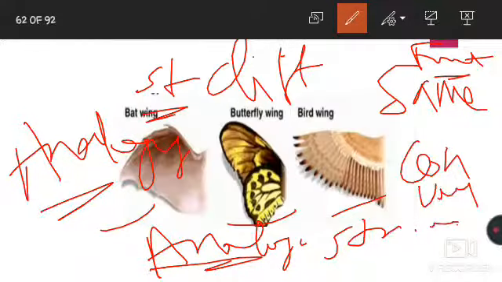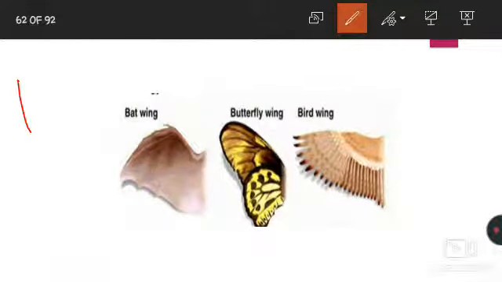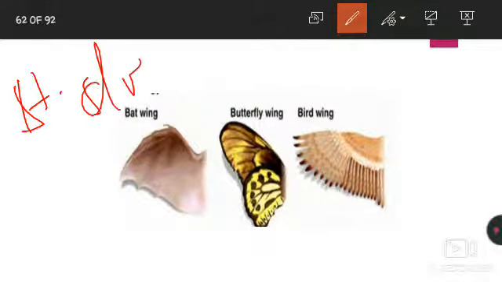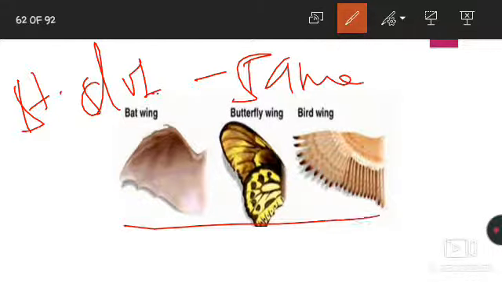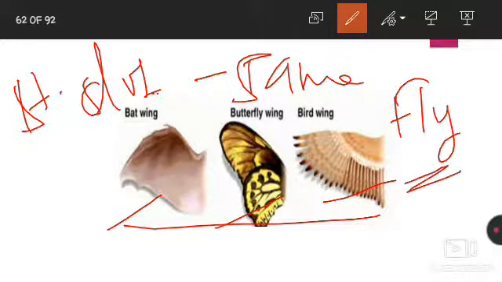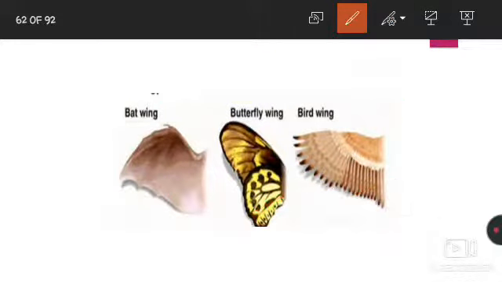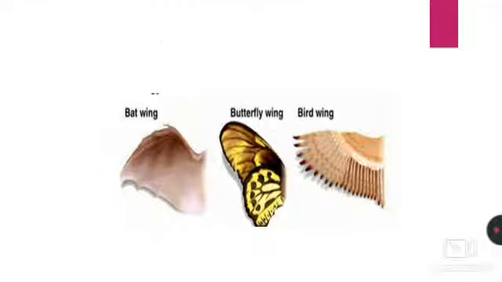In analogous structure, structure is different but function is same. As you can see, wings are of different structure, different shape and different size, but the function is the same, that is flying. So these are examples of analogous structure.